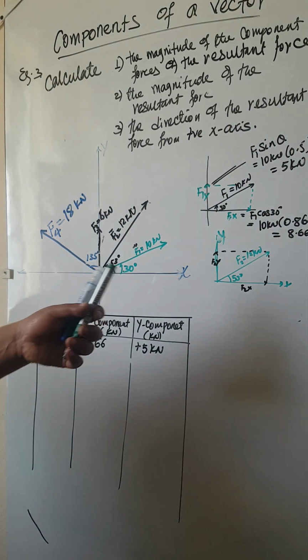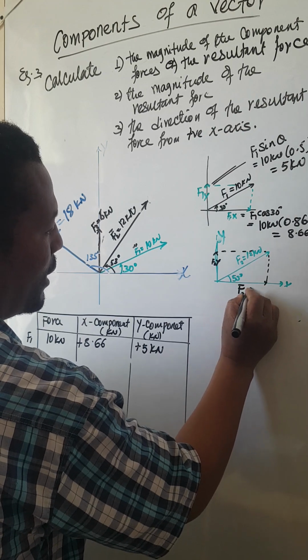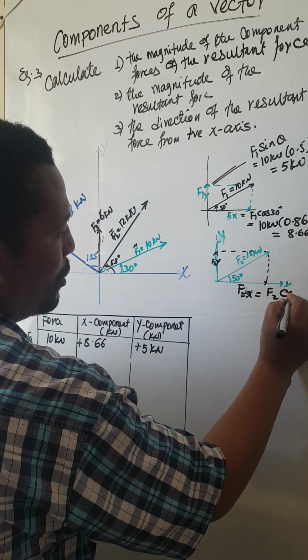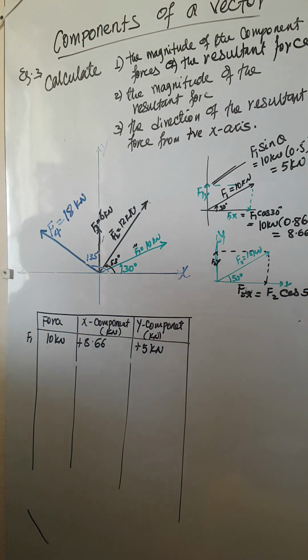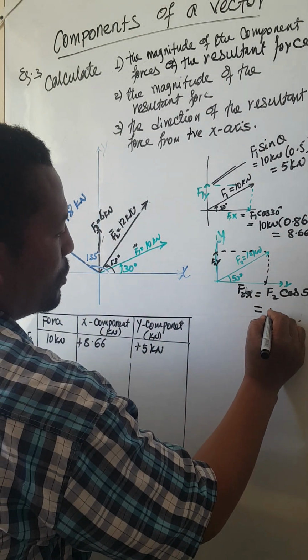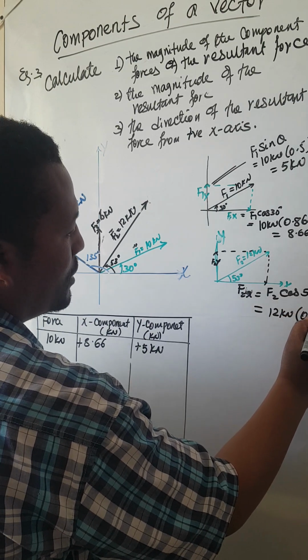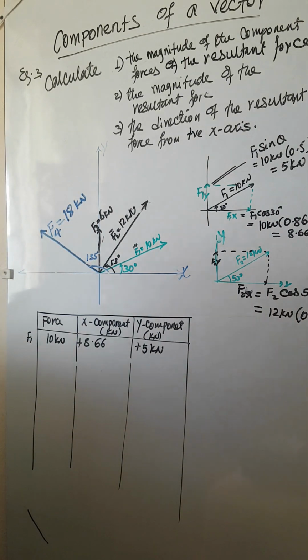Now for the case of F2x, F2 along x is equal to F2 cos 53 degrees. This is equal to 12 kilonewton times cosine of 53, which is 0.6, I think.